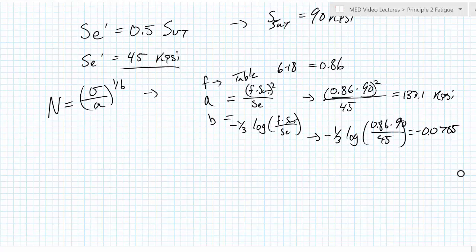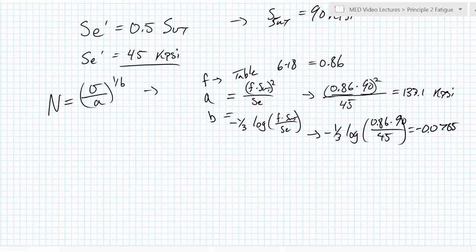All right, so our strength equation, if we were to do the S-N diagram, between 0 and 10 to the 6 would look something like 133.1 kpsi times N, the number of cycles that we want this thing to last, raised to the negative 0.0785.